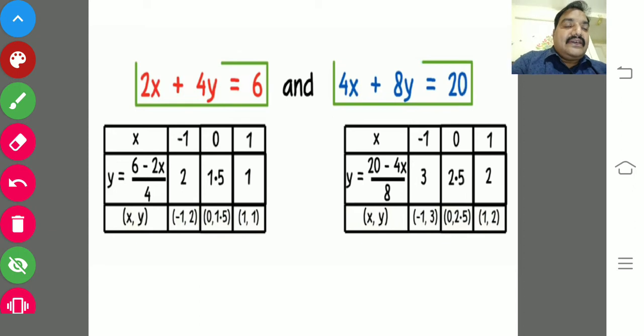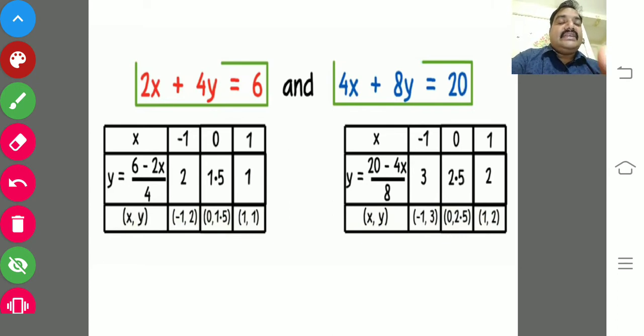So this is the important step while you are solving linear equations using the graphical method. If you do the mathematical calculation wrong, your graph will become wrong. This is very, very important, children. Once again, please listen carefully. When you see a pair of linear equations, your first task is to make y the subject. Then you will get one equation.